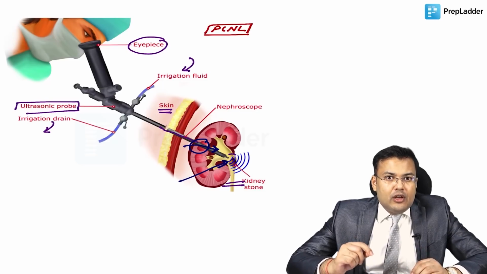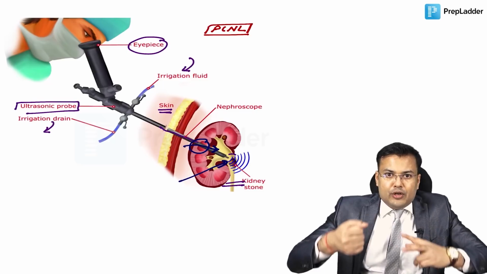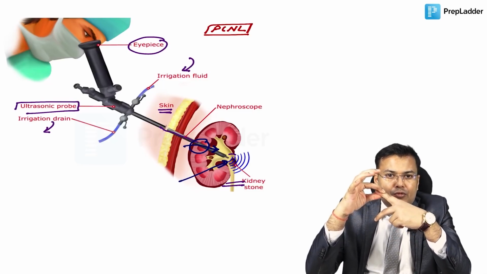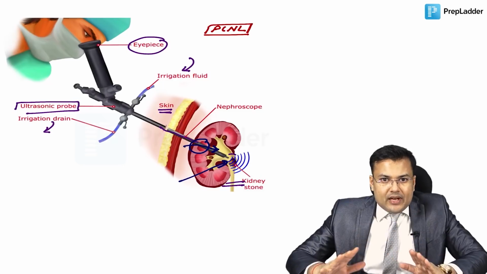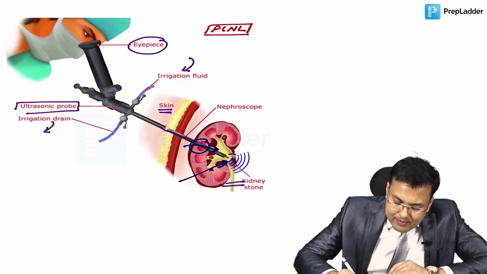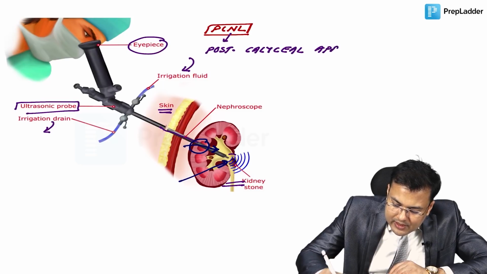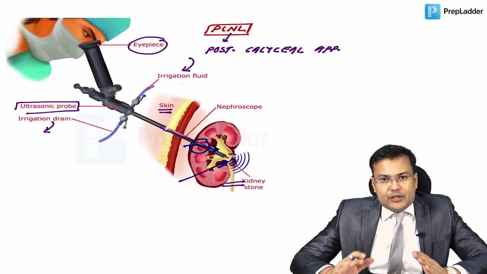Which one is preferred? Posterior calycial approach, because in posterior pelvic approach there is increased risk of which artery? Posterior branch of renal artery. Clear? Okay, so in PCNL we are going for which approach? Is the posterior calycial approach. Why? To prevent the injury of posterior branch of renal artery.